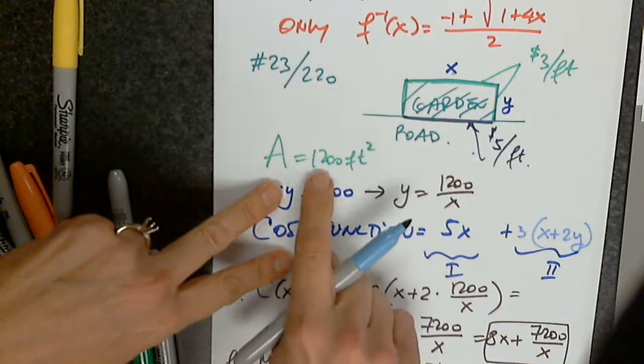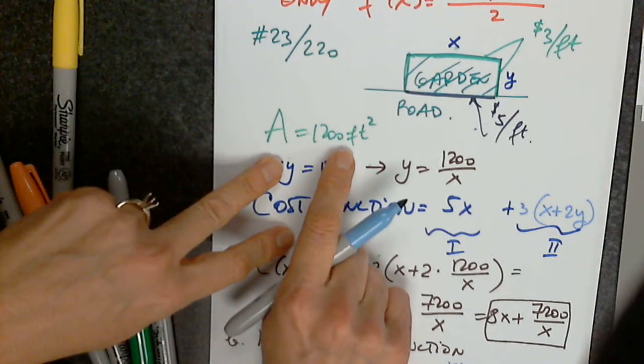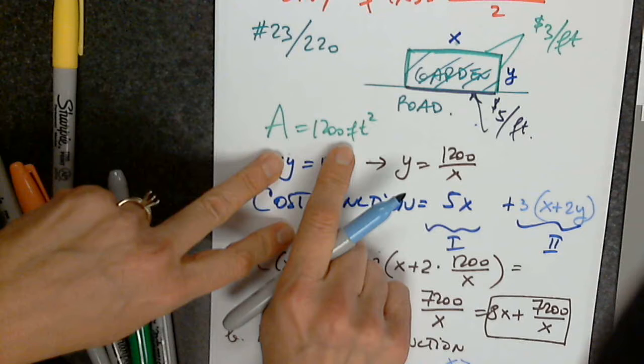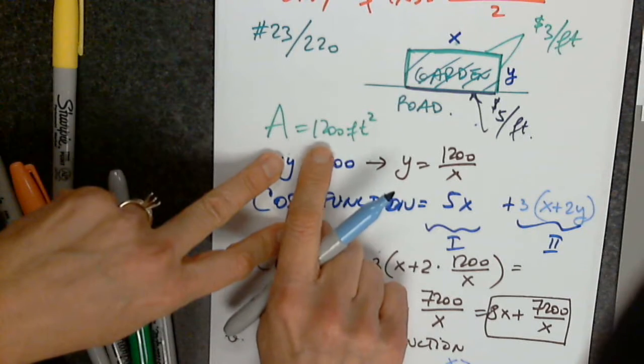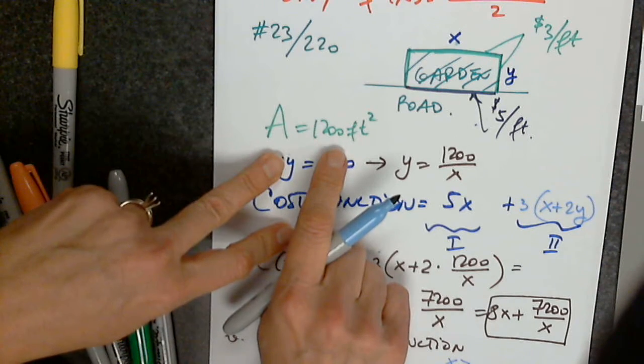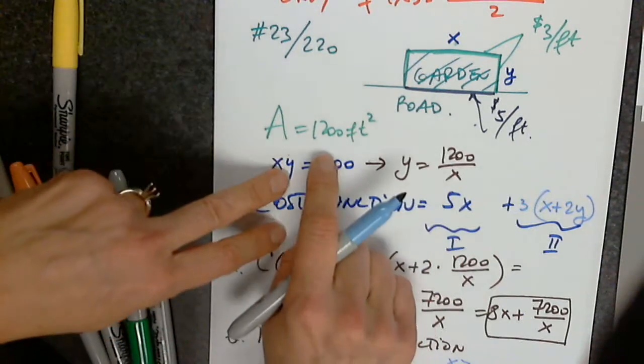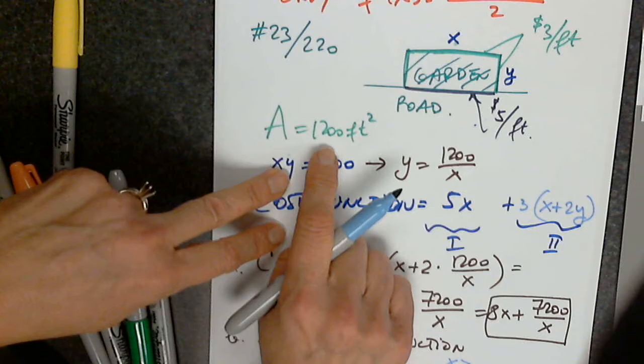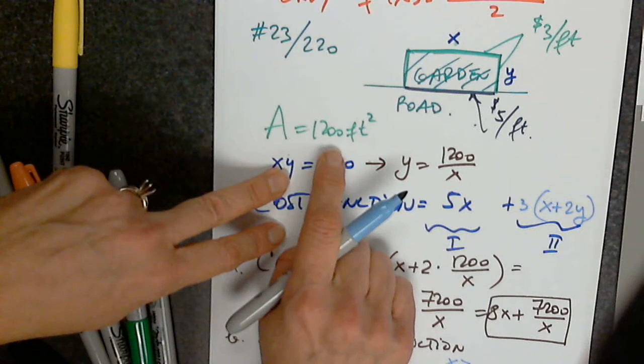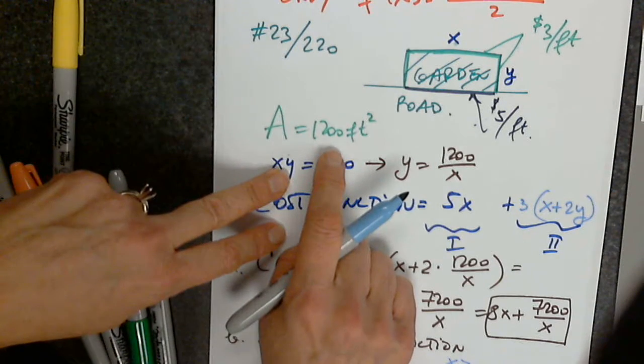Secondly, if the area is 1200, the maximum I can have here, if it's the square root of this, that will be a square.